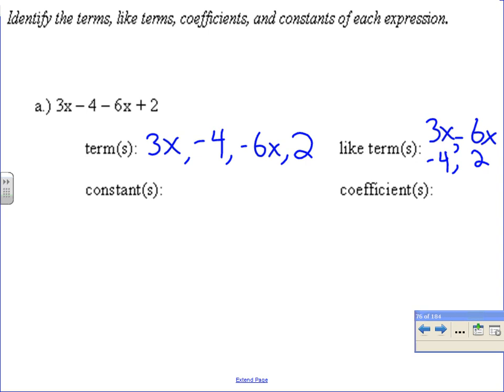Annalise? They are. Just like here. Yep. No. That's not. That one's all by itself.